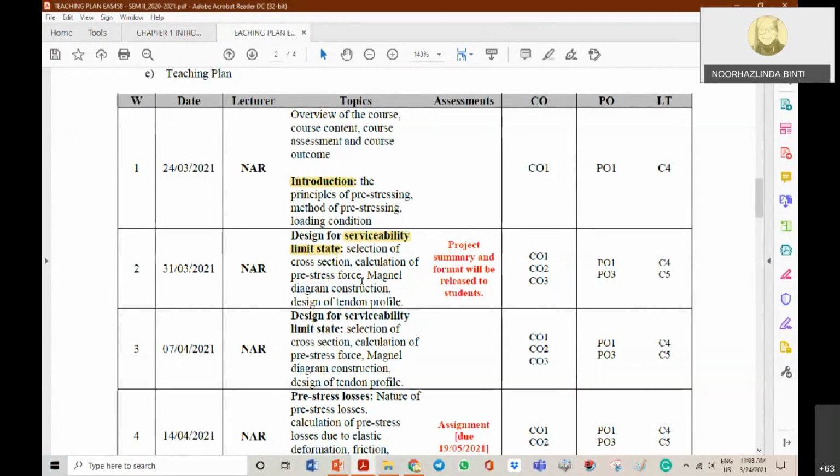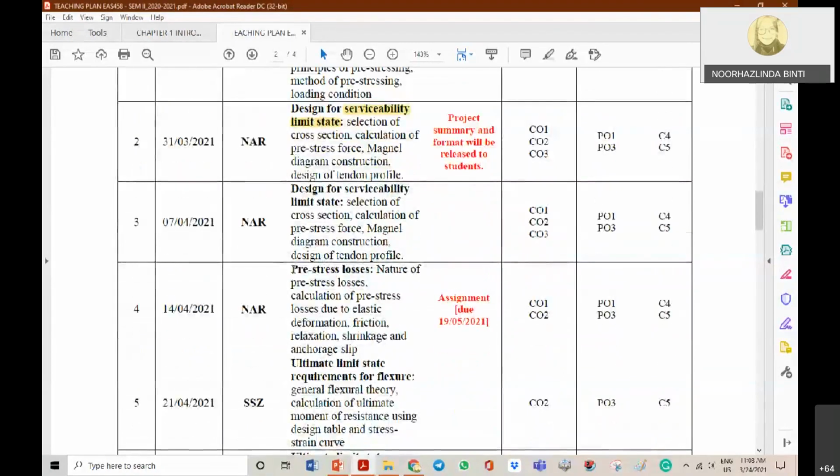If you still recall what you learned in RC design, you start with the ULS, ultimate limit state design. But in pre-stress, it will be the other way around. It should start with the serviceability limit state. Then after that, we design for the ultimate limit state. So design of serviceability limit state is the second topic.